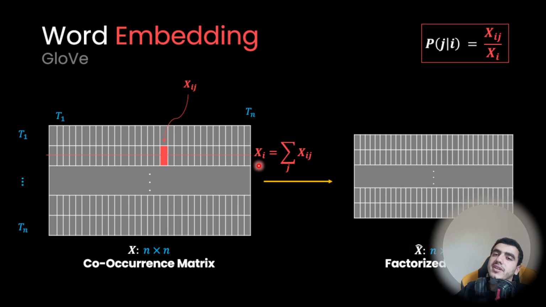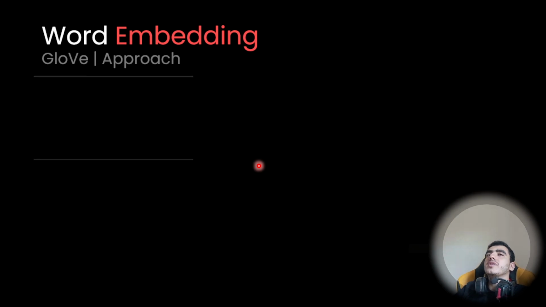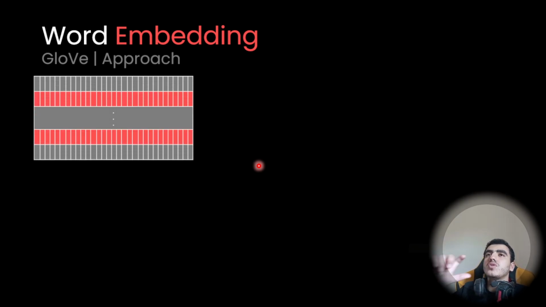So what do I mean by similarity? Basically, assuming that the similarity between two vectors is the same as the probability of appearance of this token with the context of another token. If this token is I and this is J, what is the probability of token J appearing with I? Can I define it by the similarity of these two vectors from the truncated matrix? Can you understand the intuition behind this?